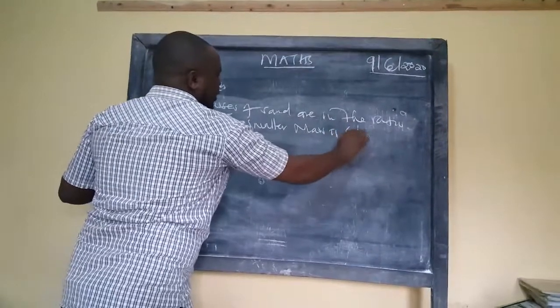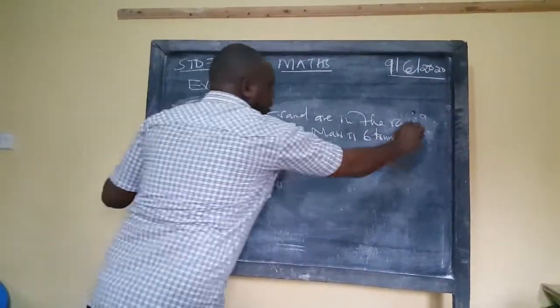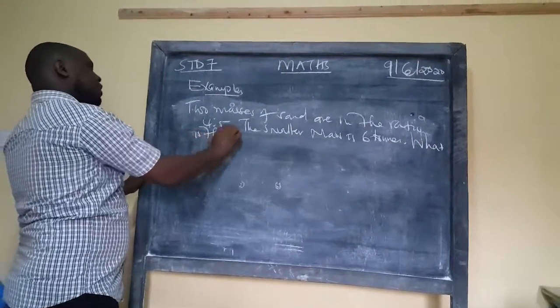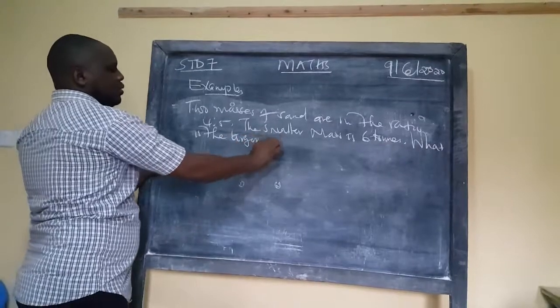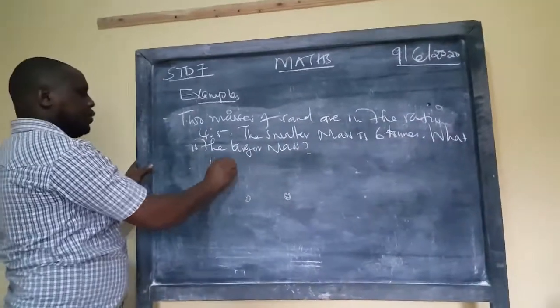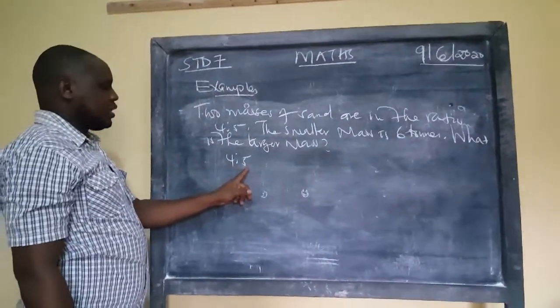What is the larger mass? The ratio is 4:5, meaning that this represents the smaller and this represents the bigger.